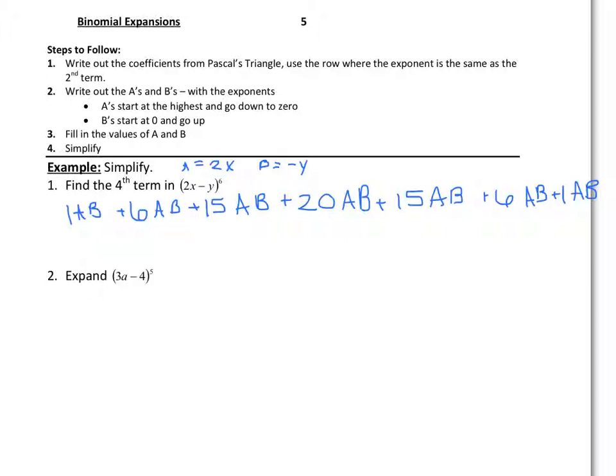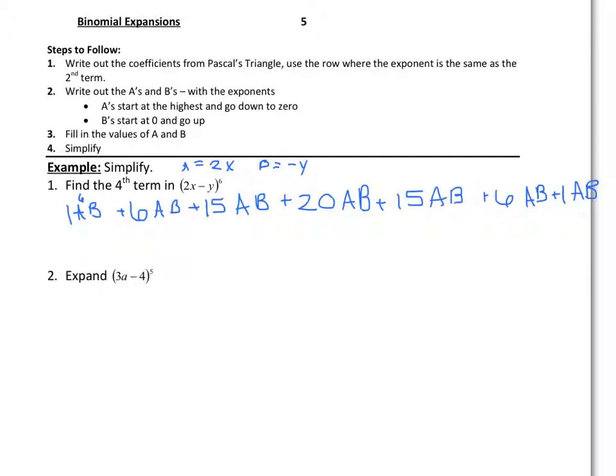And then I want to do my exponents. The exponents on the a always start at the highest power and go down to 0. So my highest power would be 6, the same as my exponent on my binomial. And then I'm going down. And b always starts at 0 and then goes up.